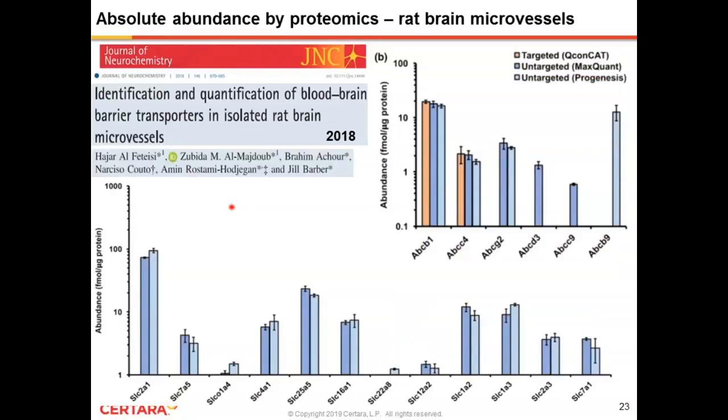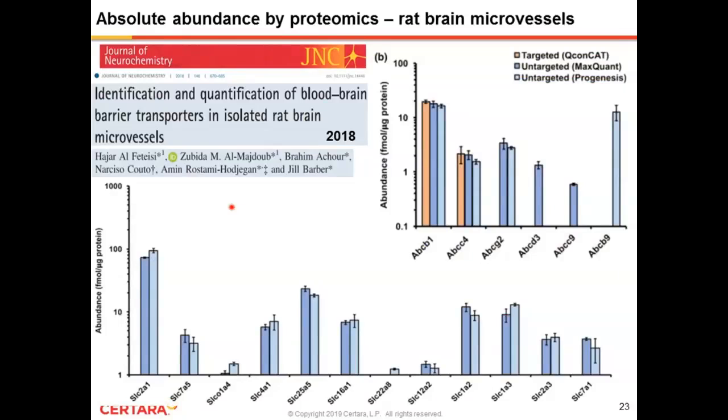And this is one recent publication that comes from the result of the grant that Simcyp provides to different universities. The recent grant was given to the University of Manchester, and they are working on the determination of the absolute abundances of the blood-brain barrier transporters in different species.